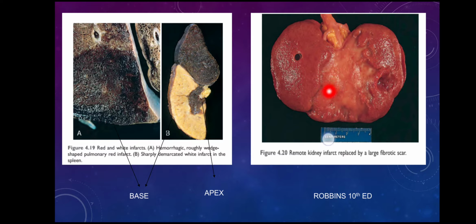So after fibrosis has occurred, it is seen as this whitish depressed area. So this is a kidney infarct which has been healed by fibrosis or scarring. So we can see this white depressed area. So all infarcts heal by fibrosis, except in the case of brain.